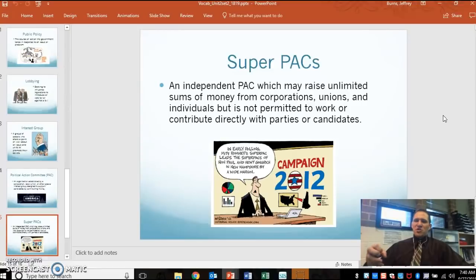So you might have a super PAC that creates a commercial that endorses a candidate or a party, but there's no direct connection between the super PAC and the candidate or the party. So they're doing it on their own. Whereas a political action committee and interest group, they can work more closely with candidates and with campaigns and with parties. There's the difference there. Okay, so that's super PACs.